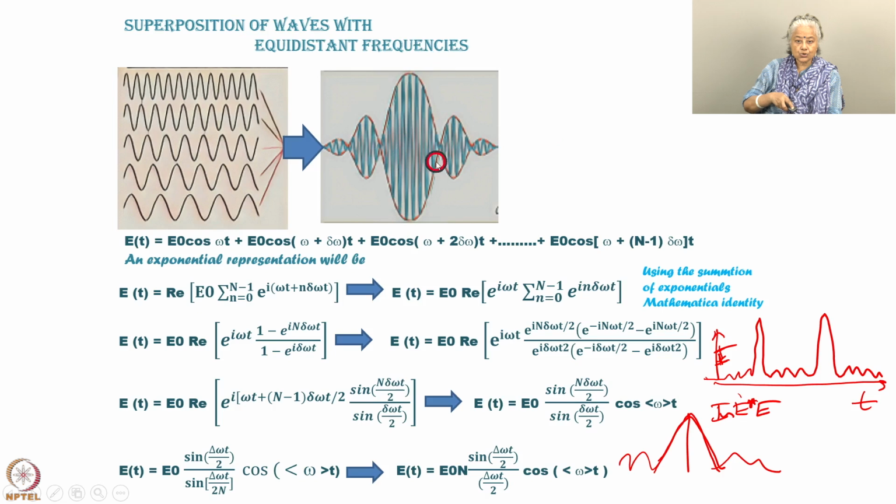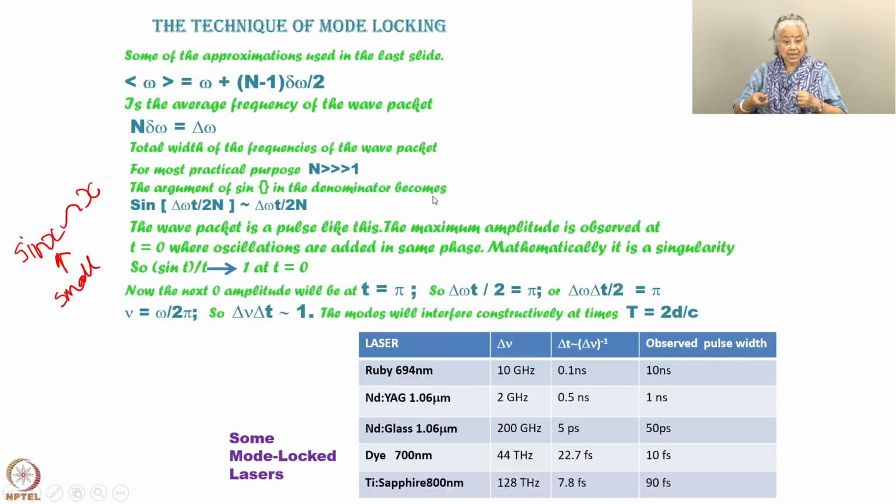This part is the slow cos part, and this part is the sin x by x part. So, again you get these pulses, something like those beats. Here in those beats only 2 of them were able to superimpose and have a constructive interference, and here I have another pulse. Again, all these modes are superimposed and are able to have this constructive interference.